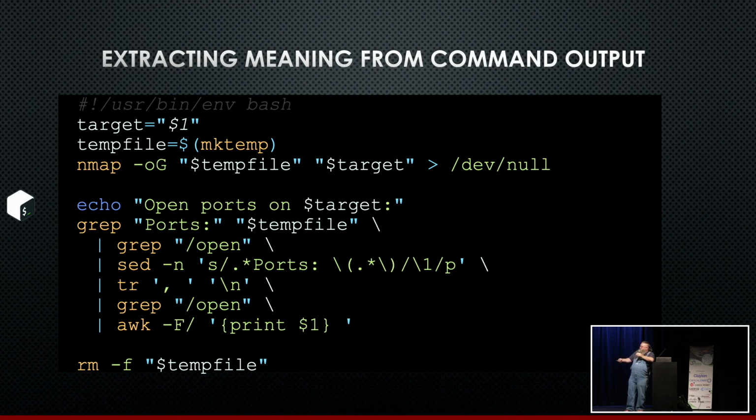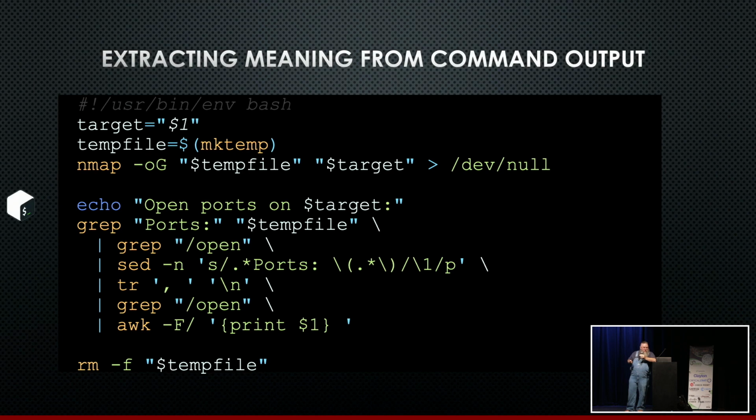In this case, we're taking the output of the grep command and sending it to another grep, because not all the port lines have open ports on them. Some will be closed, some will be filtered. In this case, we only want the ones that contain the string open. From that, we're passing it to another command that says sed.